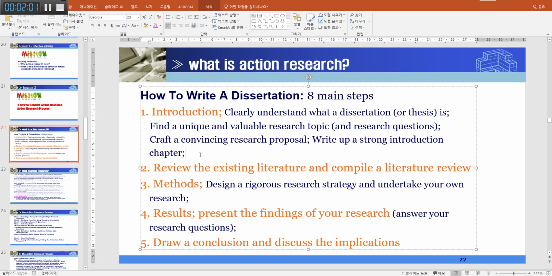In chapter 1, so-called introduction, you are saying what you want to do, and this is my research question, and the goals of my research are as follows. So you are writing a strong introduction: the necessity, why you need this research, and what you want to do, including research questions. That's chapter 1.